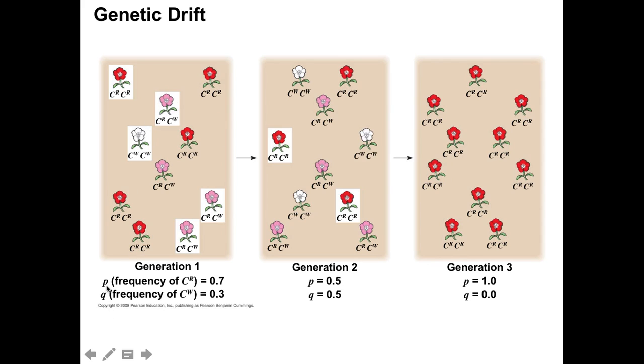The P in our Hardy-Weinberg equilibrium equation was 0.7, and the Q was 0.3. So we have a really good mixture here, and then you can see it's 50-50. In the second one, the dominant and the recessive are 50-50, and then eventually the third generation, based on how often these traits showed up, ended up with all red flowers.